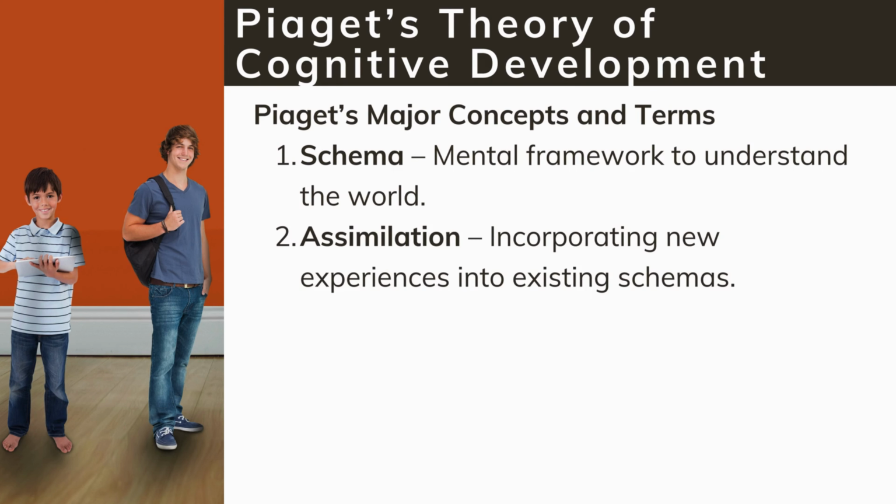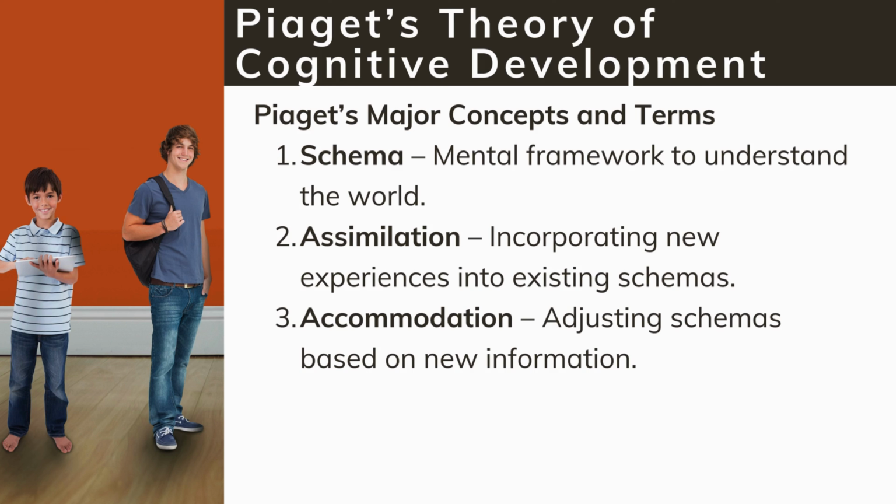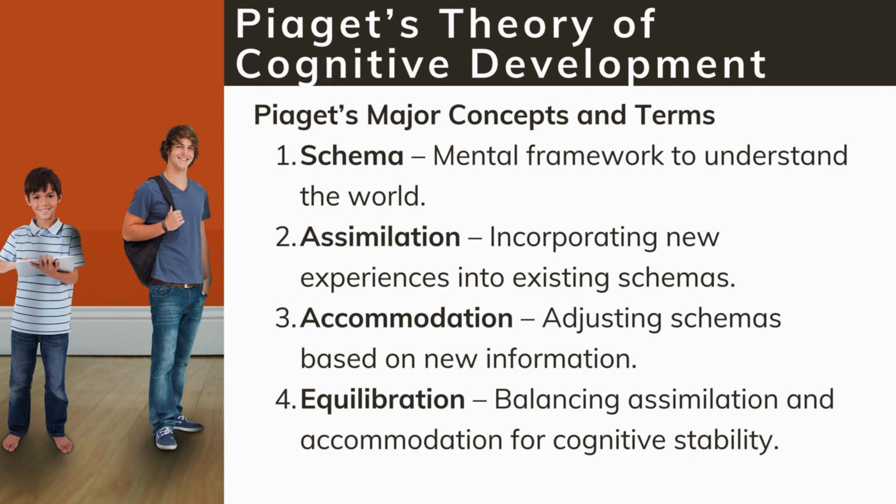Assimilation. This is incorporating new experiences into existing schemas. Accommodation. Adjusting schemas when new information doesn't fit. Equilibration, the process of balancing assimilation and accommodation for cognitive stability.